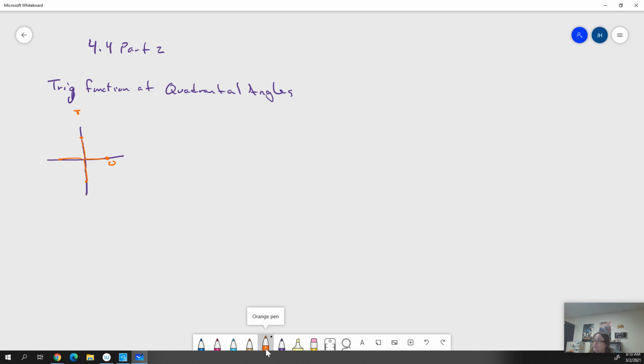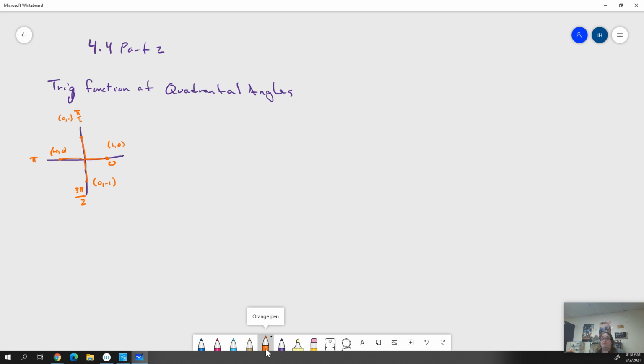Here we have pi over 2. Here we have pi. And here we have 3 pi over 2. But we also have points at these, right? We would have x equals 1, y equals 0 here. And we'd have x equals 0, y equals 1 here. And here we would have x equals -1, y equals 0. And here we would have x equals 0, y equals -1.